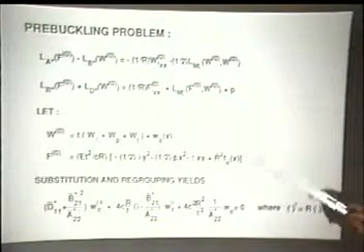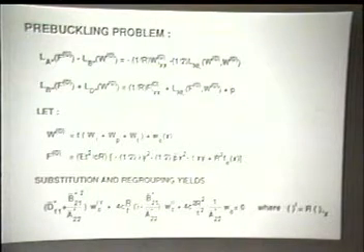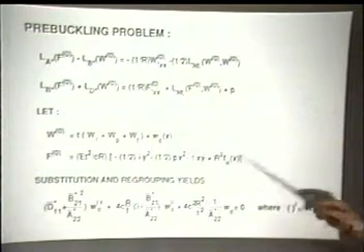They have one advantage when one tries to solve them. If one assumes that the external load is axisymmetric, uniform, if one assumes that the boundary condition is axisymmetric, uniform, then the pre-buckling problem is essentially axisymmetric.